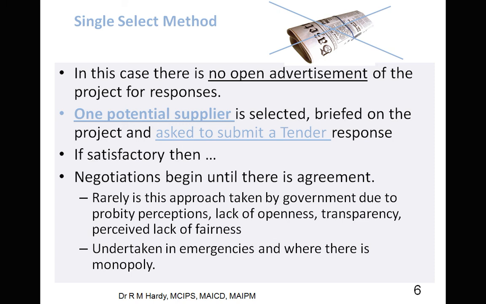Any other questions? Yes, Nick. Is it common or uncommon, if you respond to the request for tender, to include this sort of contract with an engagement? Yes, that's part of it. So the kind of contract that is going to be used will be part of the tender documents.